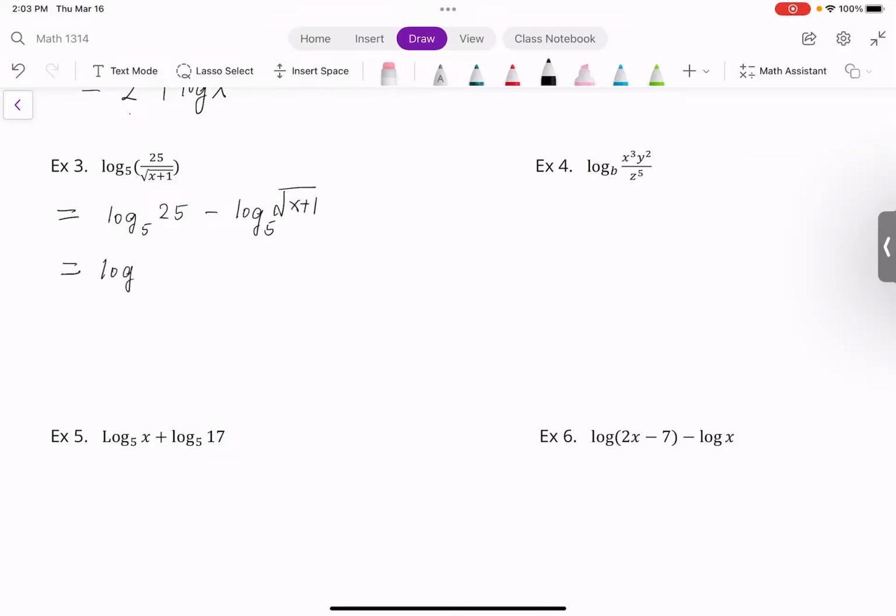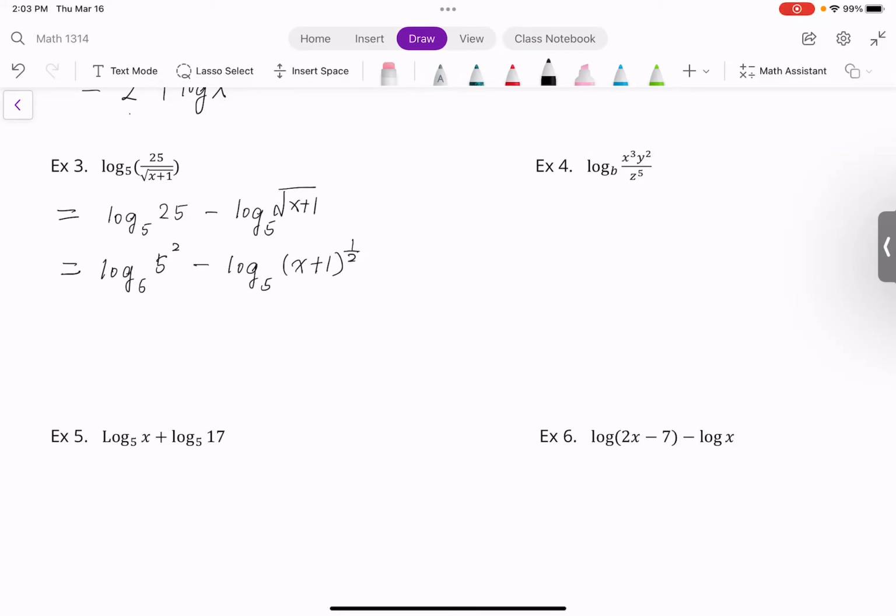Then what is 25? 25 is 5 squared. Then I want to convert the square root of x plus 1 to x plus 1 to the 1/2, because I know that square root is the power 1/2.